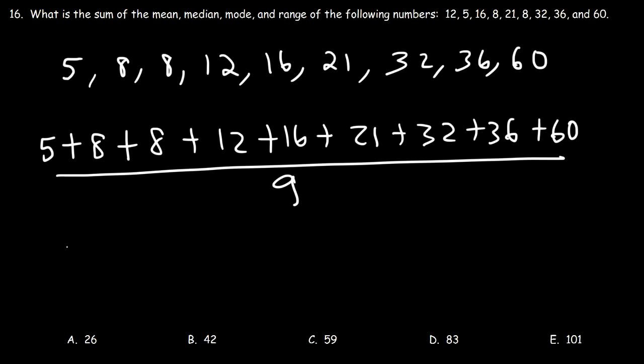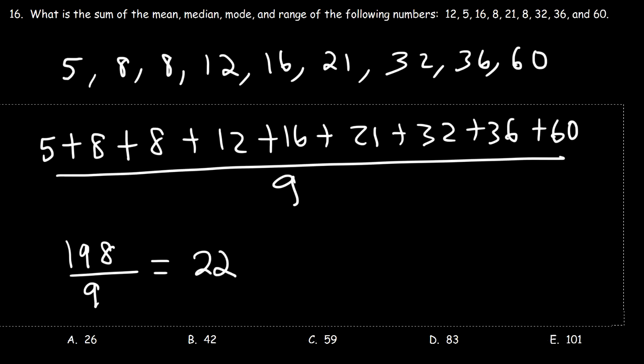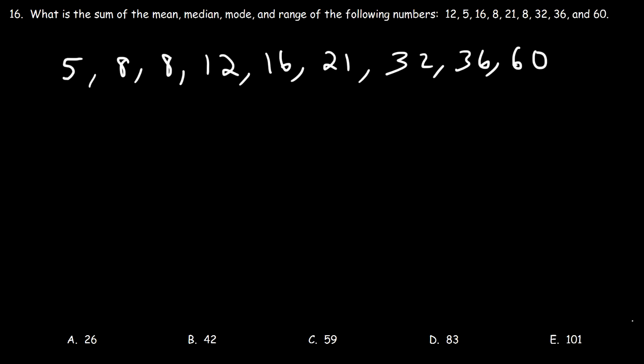So the sum of the 9 numbers is 198. If we divide that by 9, that's equal to 22. So that's the average. So I'm just going to write that here. So the average is 22.